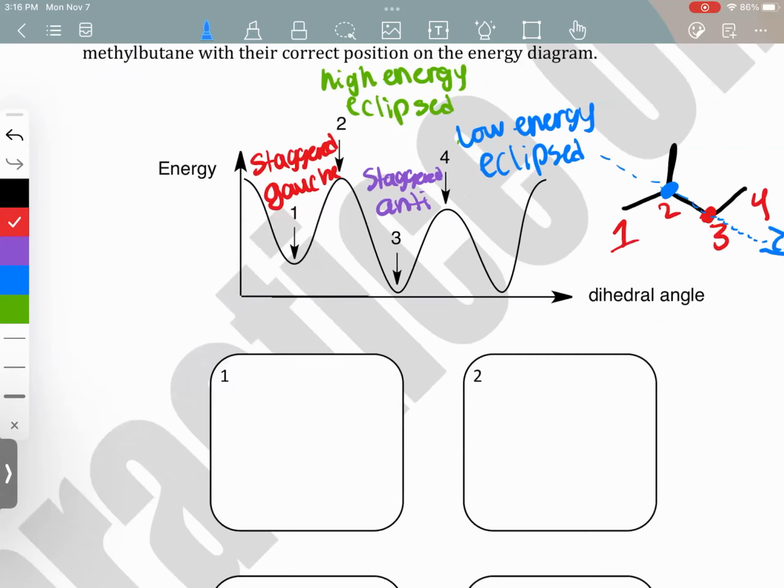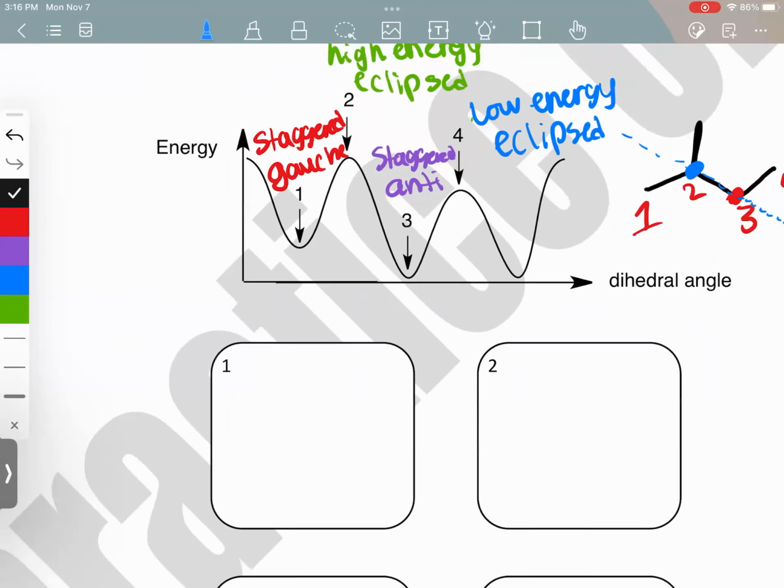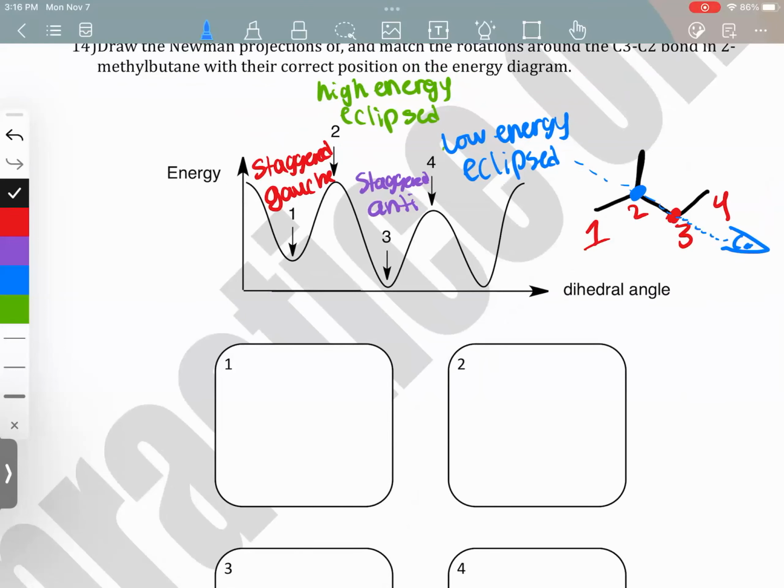So one we said was the gauche. So we're looking down the 3, 4 bond. Gauche: methyl facing up from the first carbon, then you have your 2 hydrogens. On the second carbon, we do have 2 methyls and a hydrogen.